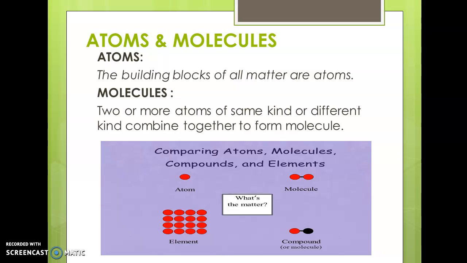So now let us know more about atoms and molecules. The building blocks of all matter are atoms. And what is a molecule now? 2 or more atoms of the same kind or different kinds combine together to form a molecule. Now you can see the picture here.